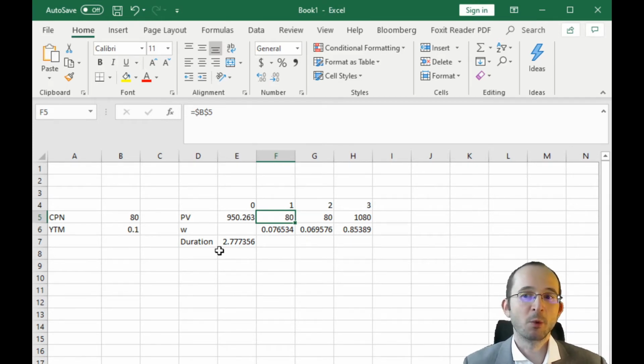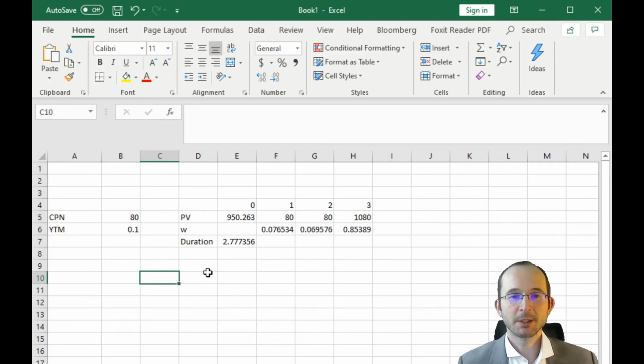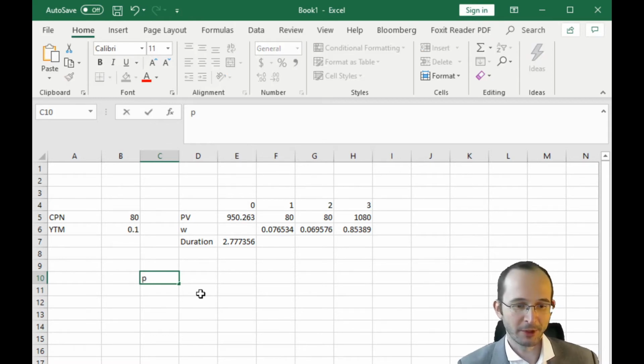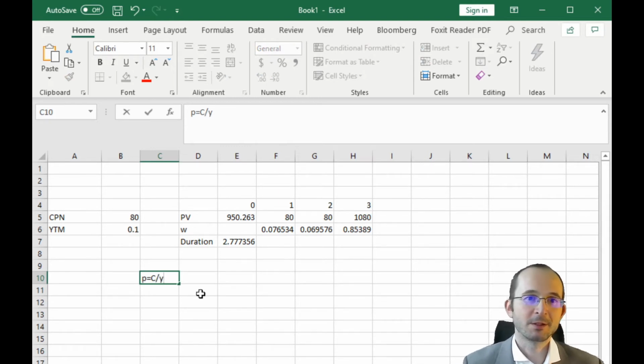Now finally, what is the duration of a perpetuity? Now this is more of a math question than an Excel question, but let's think about it here. First of all, what is the price of a perpetuity? Well, we know that, right? So price of a perpetuity is the cash flow over the discount rate. That's the present value of an infinite series formula.